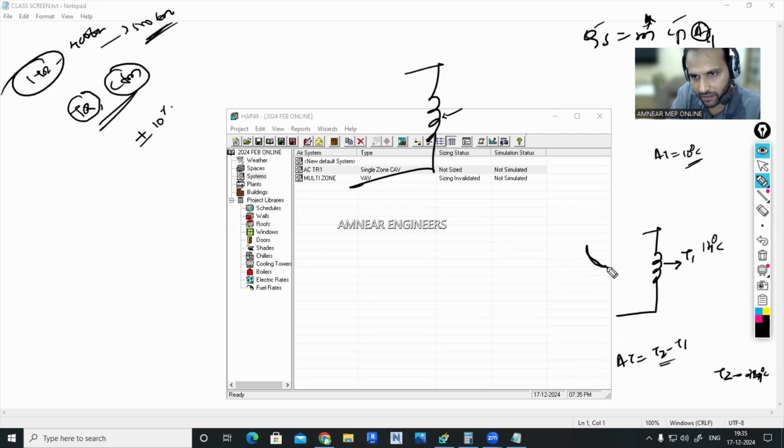When the hot return from the room is entering, it might be, let's say, 24.5 degrees Celsius, or let's say 25 degrees Celsius. This 25 degrees Celsius air will be circulating through the cooling coil, and the air temperature will decrease. Now, let's say instead of 10 degrees, the delta T has decreased. Now we are having a delta T of 7 degrees Celsius. So 24 minus 7, the supply temperature might decrease to 17 degrees Celsius.